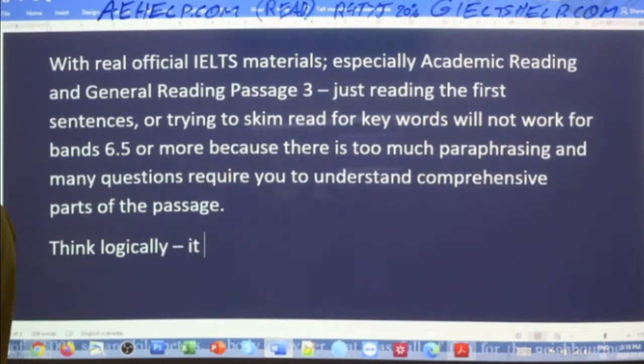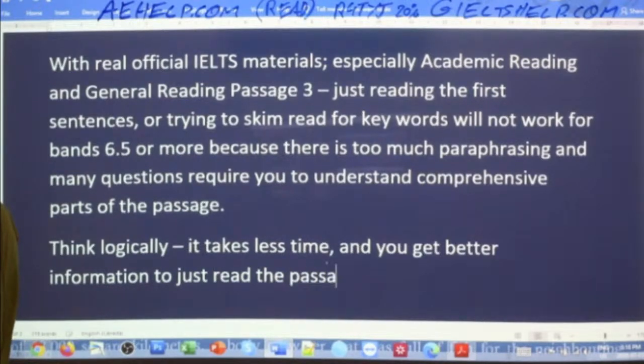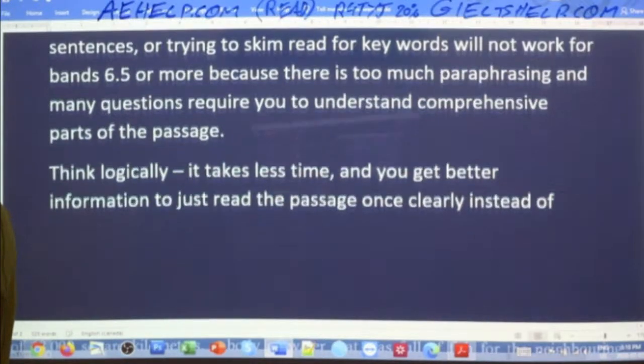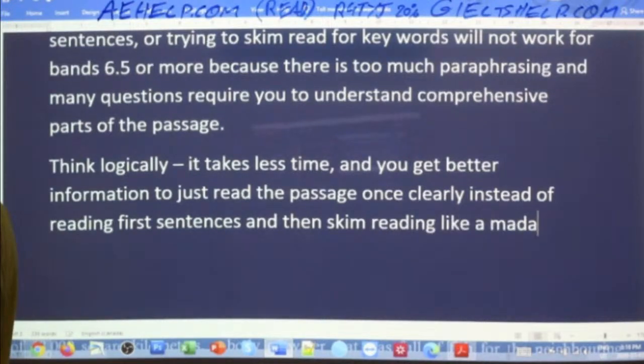It takes less time, and you get better information to just read the passage once clearly, instead of reading first sentences and then skim reading like a madman for key words over and over again.